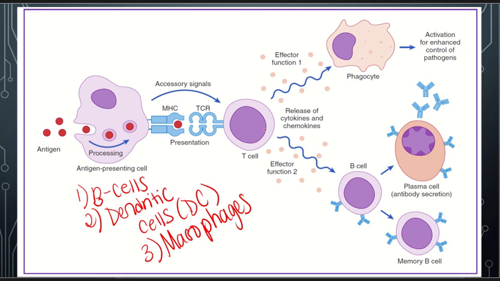You'll have a B cell present that antigen on an MHC2 molecule and present it to this T cell, which will then go on to serve its effector functions, such as activating phagocytes to have enhanced phagocytosis, or to create plasma cells and activated B cells that will make plasma cells, or memory B cells that will be very long lasting, relatively, or these plasma cells that can crank out tons and tons of antibodies very fast.